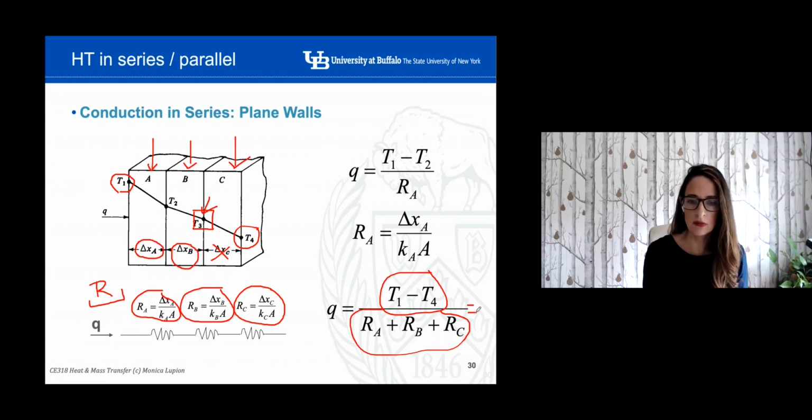So if I summarize what I said, this is equal to T1 minus T3 divided by thermal resistance A plus thermal resistance B. And this is equal to T1 minus T2 divided by, here it is, thermal resistance A.